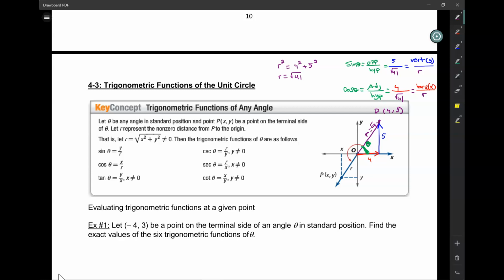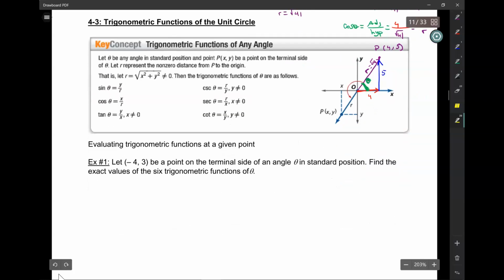All right? So this now becomes a very important concept. So sine is always going to be associated with y, or the vertical. Cosine is always going to be associated with the x, or the horizontal. Okay?